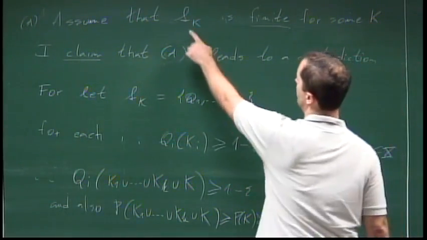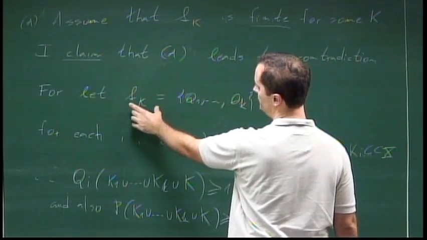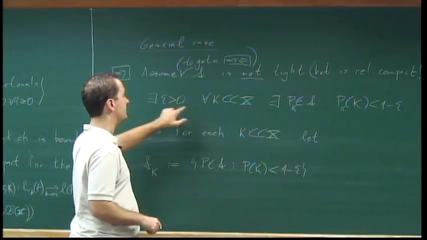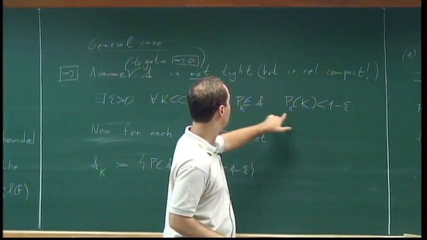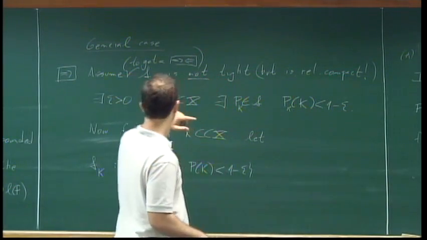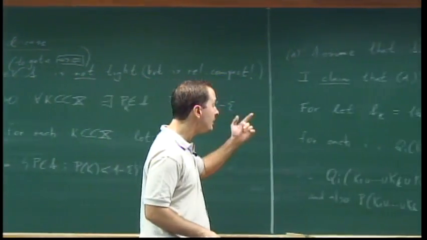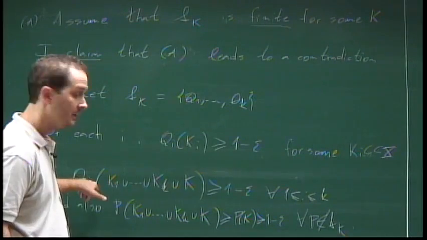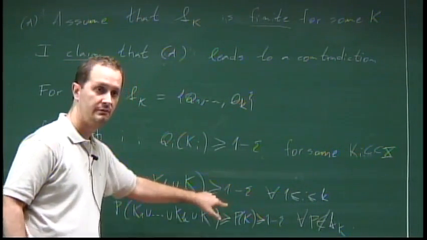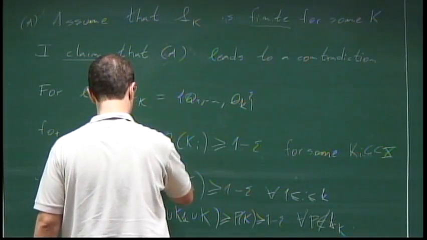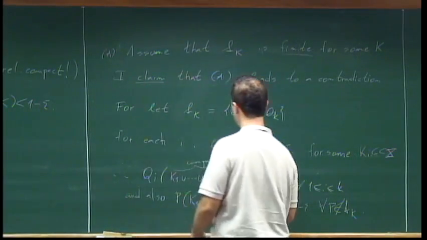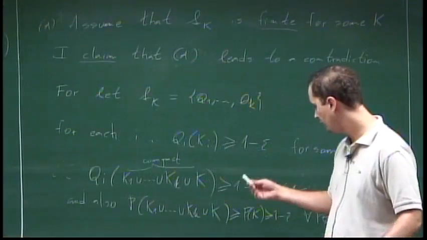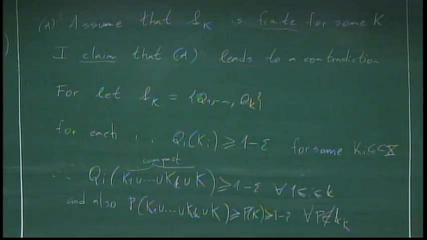So if this set is finite, there's a contradiction, because I assumed that there exists an epsilon such that for any compact set you have this. You shouldn't be able to find a compact set such that for all measures in S you have this condition. But here I've done just that: I found a compact set that's good for these measures, and it is also good for all the other measures, because K was already good for the other measures.